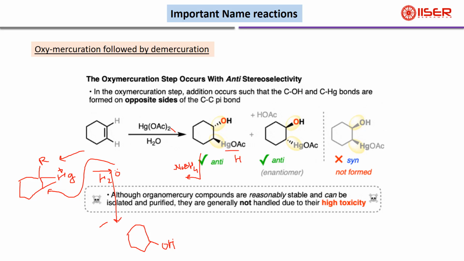Whereas in the second step, if you add NaBH4, this carbon-mercury bond is replaced with a carbon-hydrogen bond.